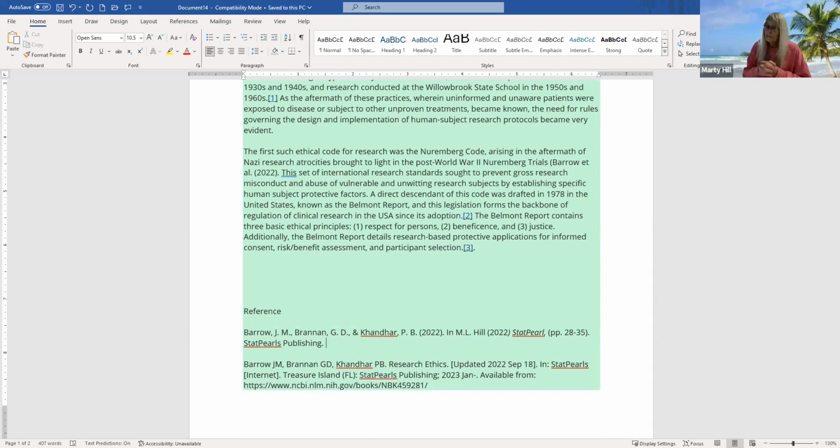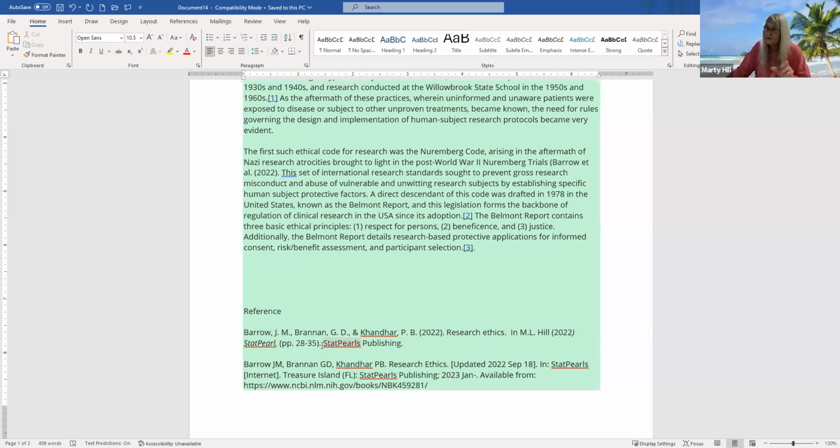Another difference between APA 6th and APA 7th with books: previously, the title of the chapter, Research Ethics. We used to have to put the publisher's city and state.